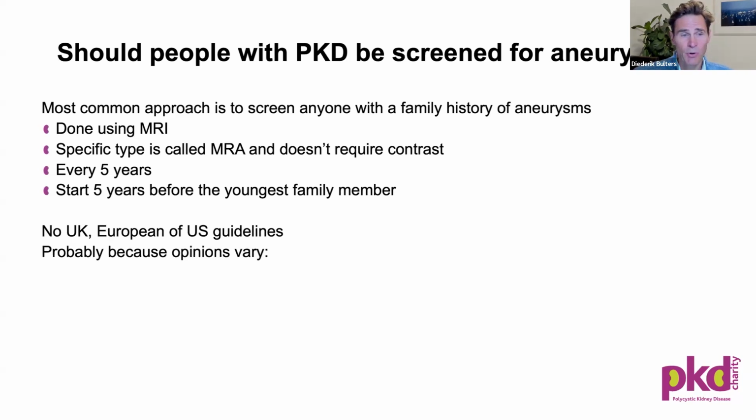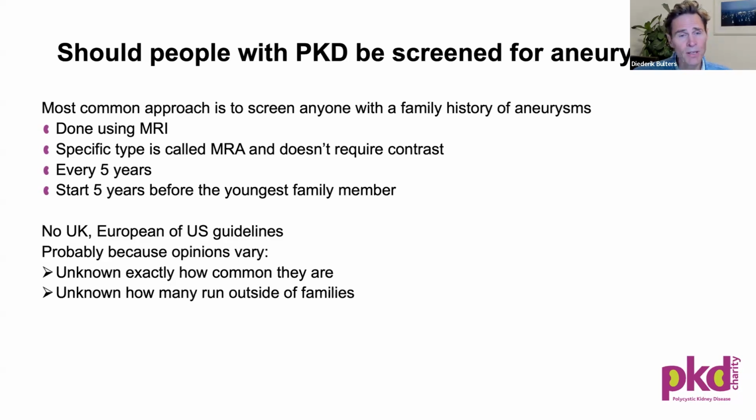And they vary for a number of reasons. The first is simply that it's debated exactly how common they are, and they have to be common enough to warrant doing these scans. It's also unknown how many run outside of families. So you might agree that if there's a family history, we should be screening, but we don't really know what your risk is if they don't run in your family, and therefore whether you should have screening in that circumstance.